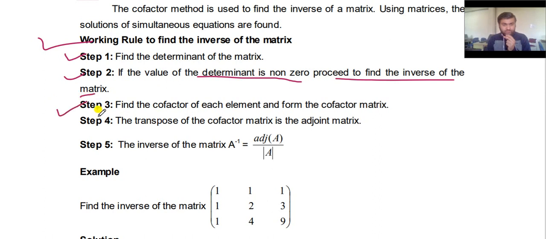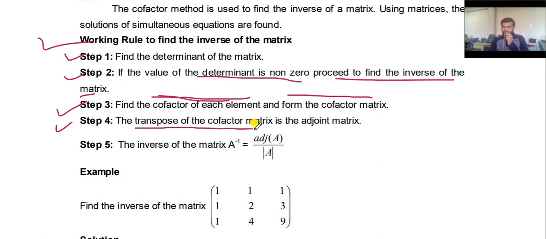Step number 3, we have to find the cofactor of each element of the matrix. After finding the cofactor of each element, we form a cofactor matrix. Next, we transpose the cofactor matrix.